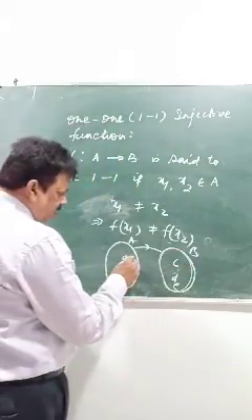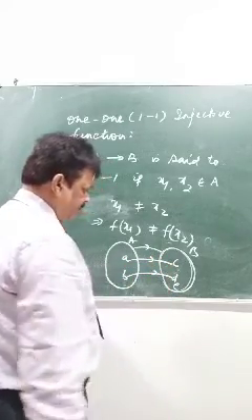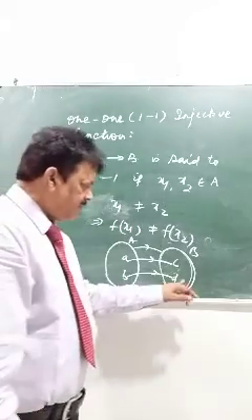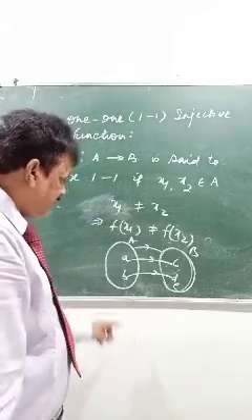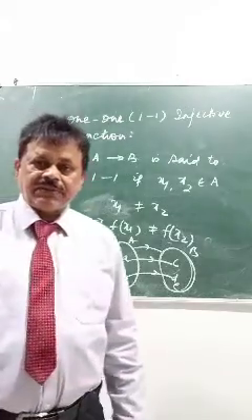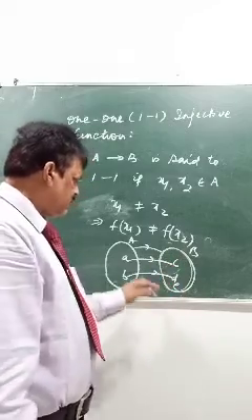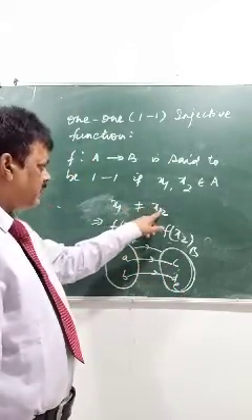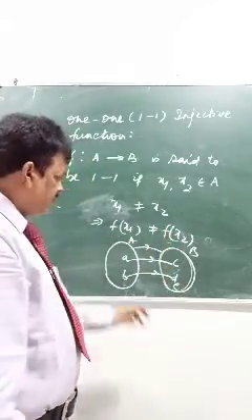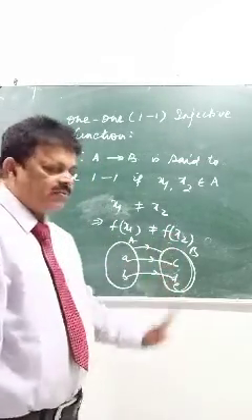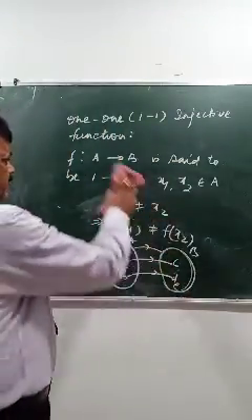Means A will be related to C. Suppose B is related to B. So in this case, though any element is left out in the codomain, it is called a one-one function. But if anything is left out in the domain, then it cannot be a function. So now you can say this is a one-one function, because when you say these two are distinct, their images are also distinct. Or if you say these two are same, the image will be same, otherwise contradiction. So other way you can say in that way.